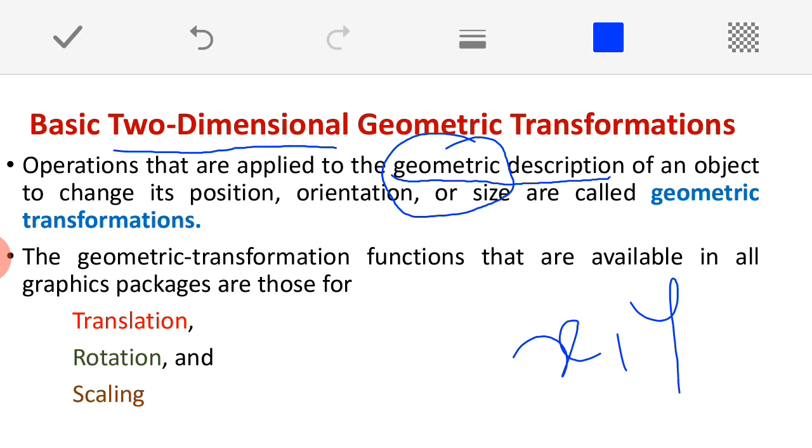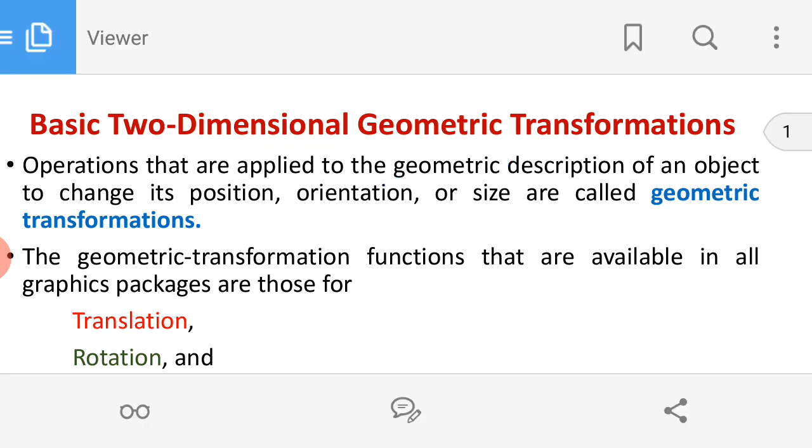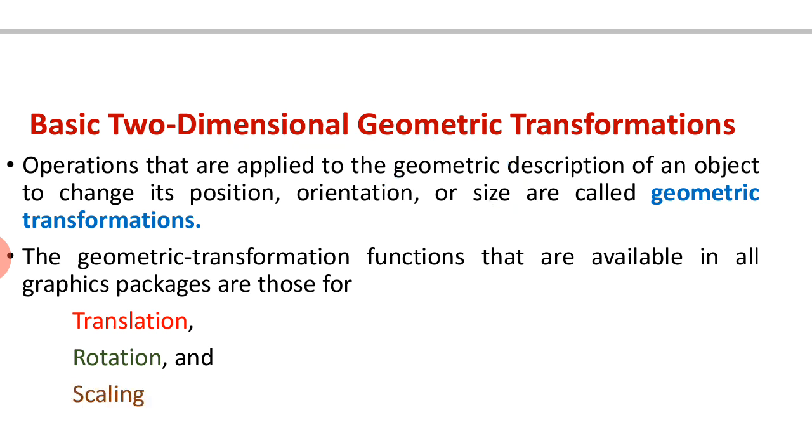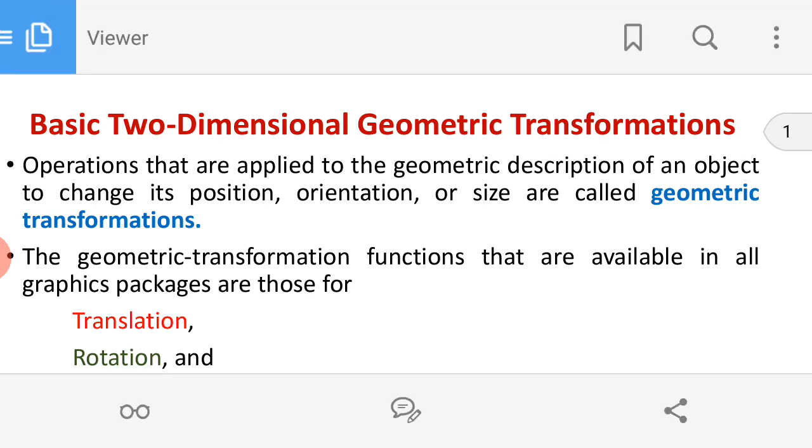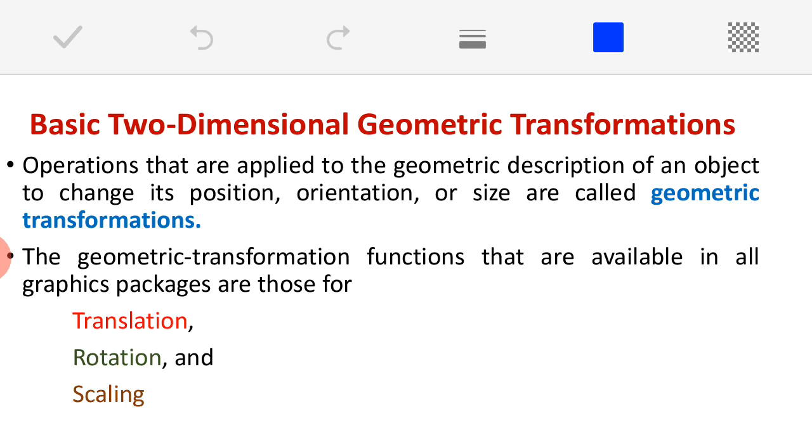Now, moving ahead, in this geometric transformation function, we are going to provide three types of basic transformations. That is very important. There are three basic types available. The very first one is translation, the second one is rotation, and the third one is scaling.